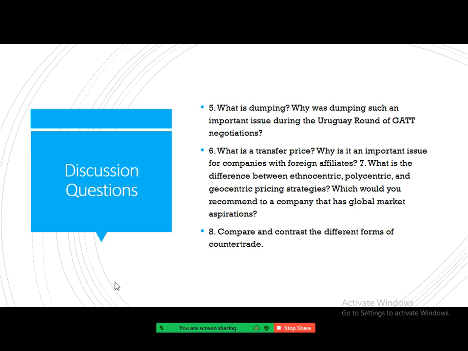Then what is the transfer price? Why is it an important issue for companies with foreign affiliates? Then seventh question is what is the difference between ethnocentric, polycentric, and geocentric pricing strategies? What would you recommend to a company that has global market aspirations?